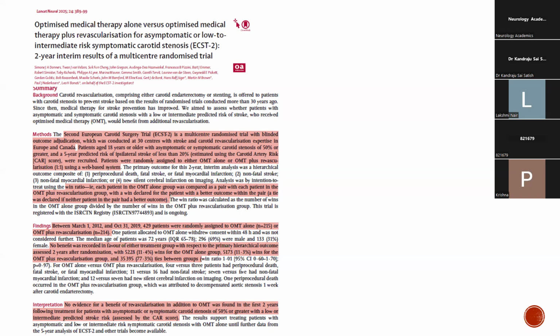The message from this study is that we can individualize the treatment in each patient. Even if it is symptomatic, we can look for other plaque characteristics, and treatment decisions can be made accordingly.